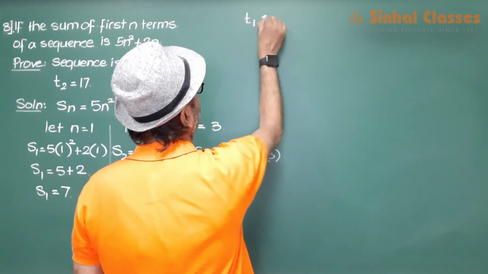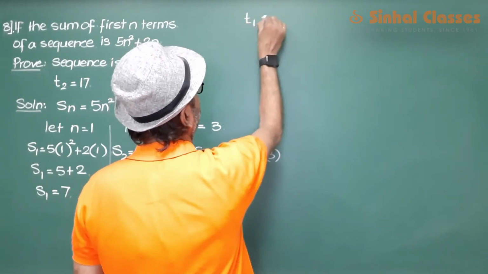Multiples of 2 are 2, 4, 6. Here a is 2, difference is 2, last term is 500, that is the nth term is 500, and we want to find out Sn.